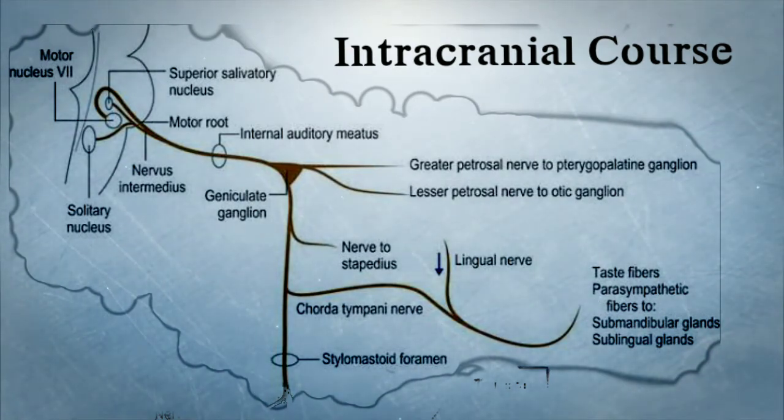Now, after that, lastly the nerve gives rise to the parasympathetic fibers, which are greater petrosal nerve, nerve to stapedius and chorda tympani. Then after giving the branches off, the facial nerve exits the facial canal and the cranium via the stylomastoid foramen. The stylomastoid foramen is located just posterior to the styloid process of the temporal bone.